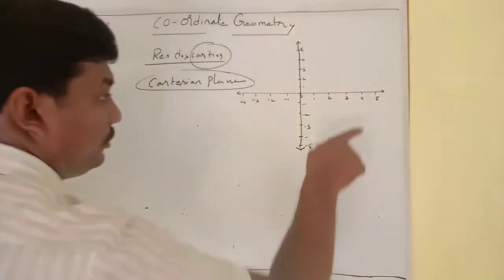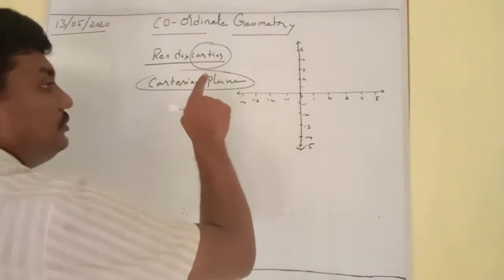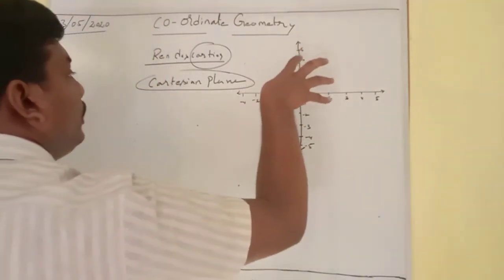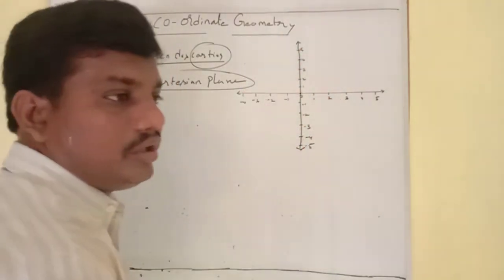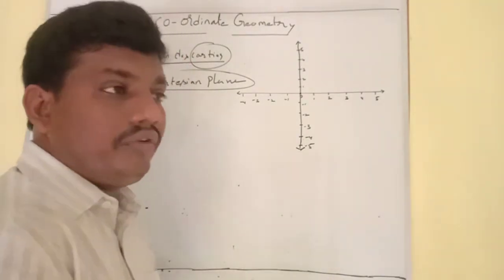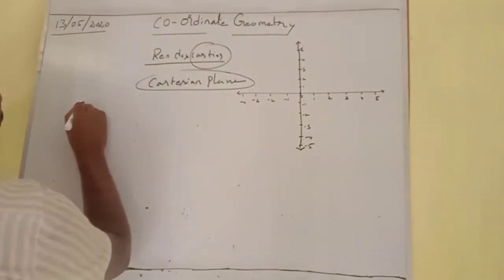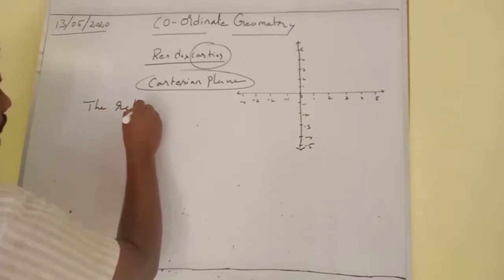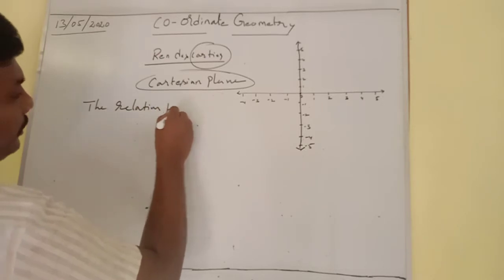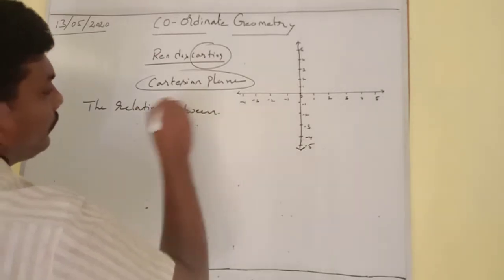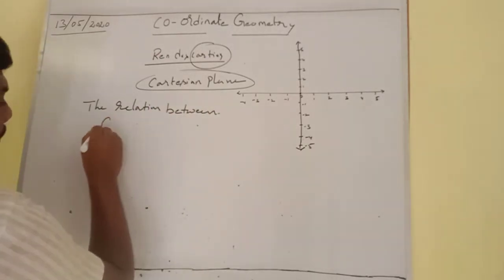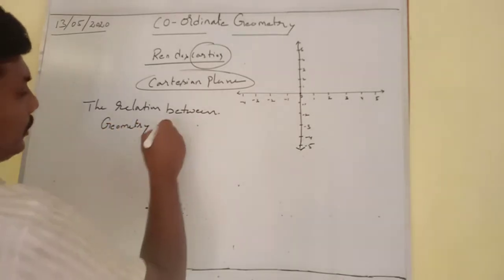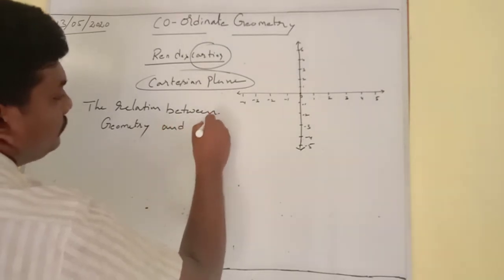Now, in coordinate geometry, we use both of them, and by using it we find the relation between geometry and algebra.